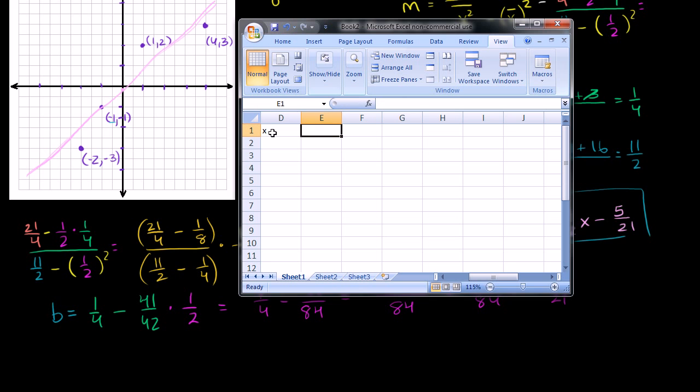This is going to be my x column. This is going to be my y column. This is going to be the column I'll call y star. This will be the y value that our line predicts based on our x value. This is going to be the error with line, so it's going to be the difference. Then I'll do the squared error with line.